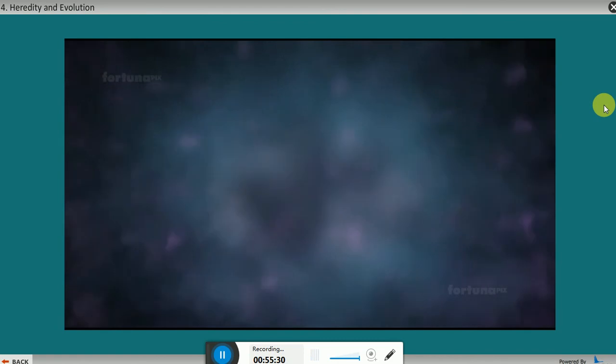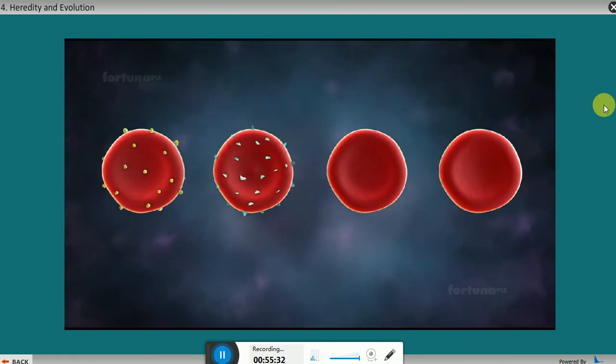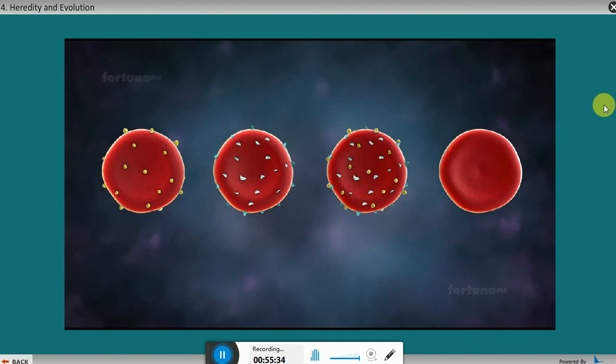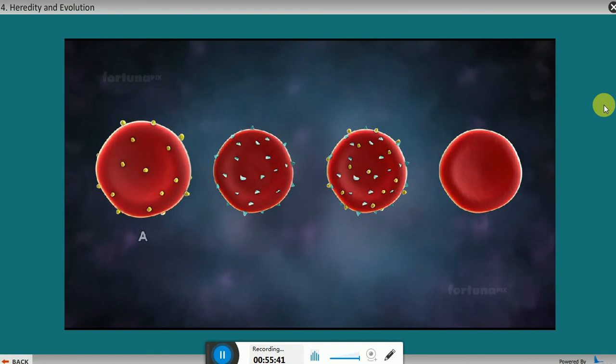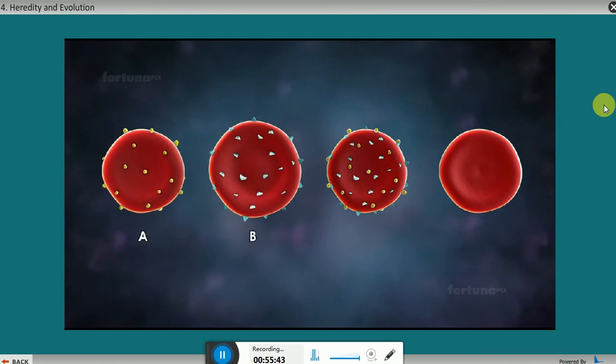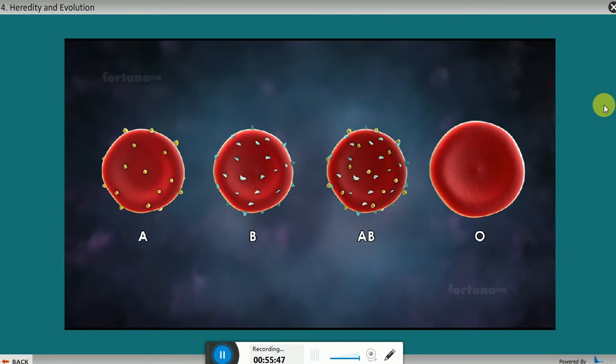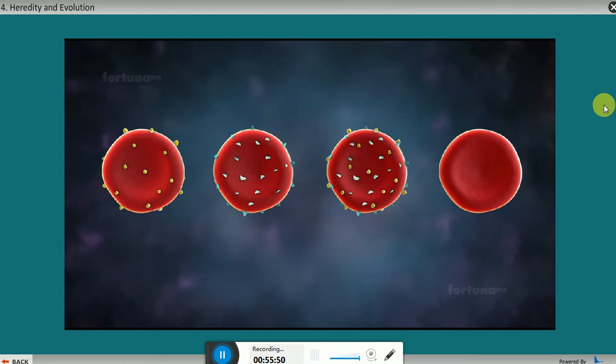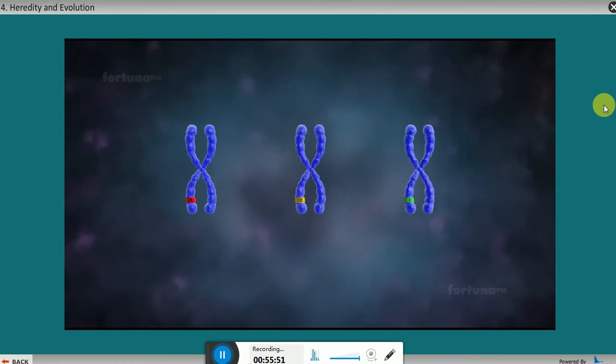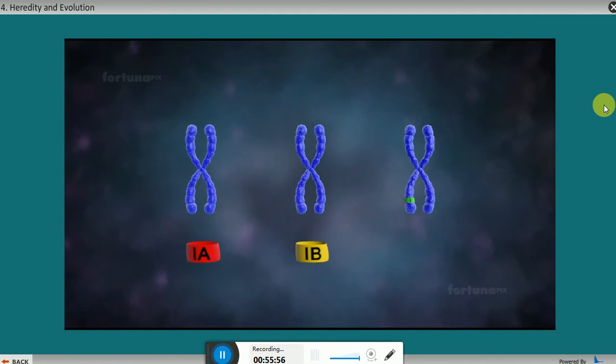Based on the reactions of antigens and 2 antibodies, human blood groups are most commonly divided into 4 types: A, B, AB, and O. These 4 groups can be expressed through the use of 3 different alleles: IA, IB, and i.